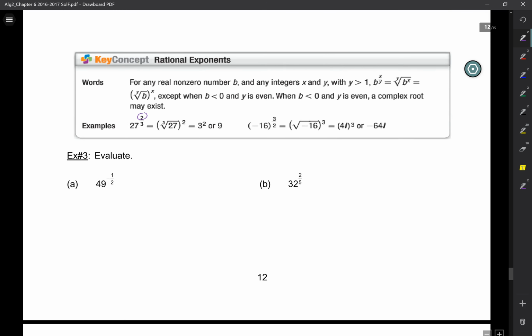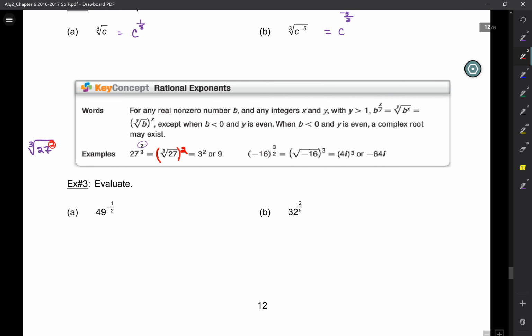All right, now, when you do have a power like this, right? We said you could write it as, like, so this one, we could write it as cube root of 27 to the power of 2, like this, right? Now, you could either do it that way, or you're also allowed to take that 2 and put it outside of the entire root. All right? So for example, if I have 2 to the power of 5/3, right?